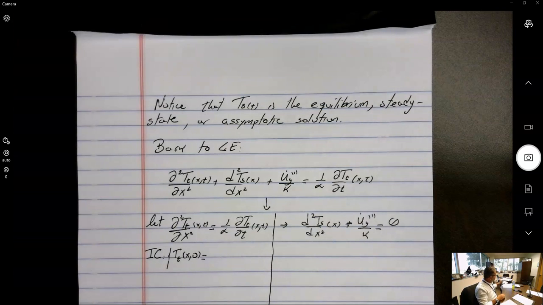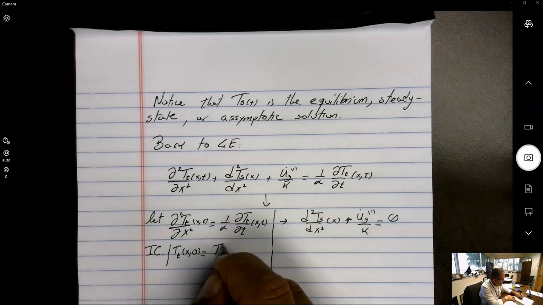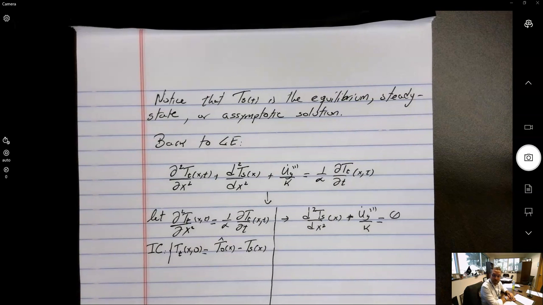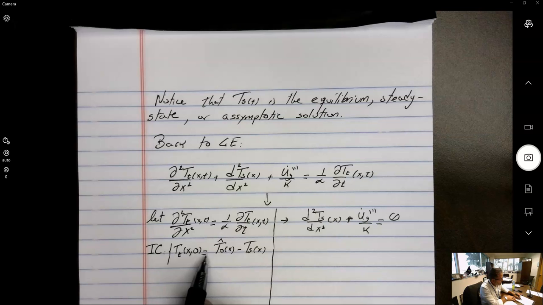Whatever that steady solution is, we need it to be able to solve for the transient solution. So it will be T0 given minus whatever Ts turns out to be the solution here. Because remember, Ts plus Tt is equal to the temperature. And at time equals 0, the temperature is equal to T0.